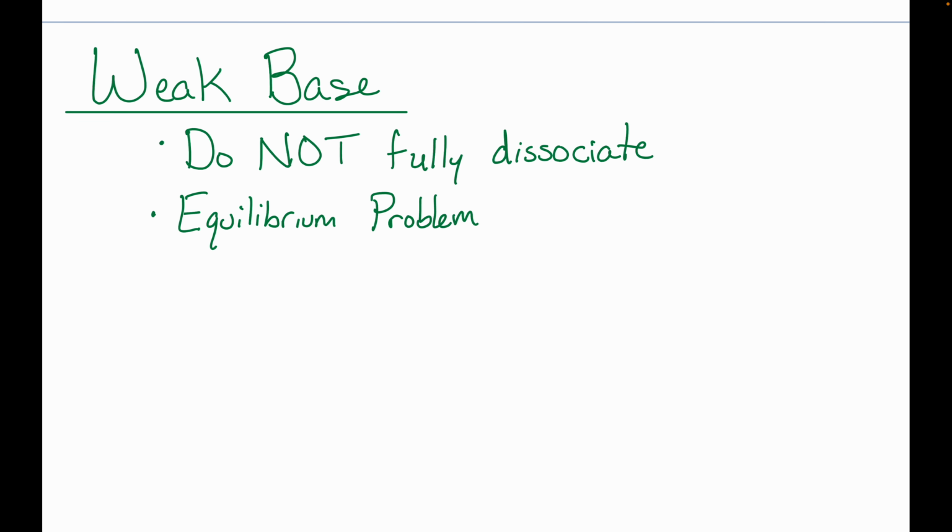All right, and we talked about these last class period, but let's just make sure we understand what equilibrium reaction we're talking about here. These we don't call acid dissociation reactions, but base dissociation reactions.